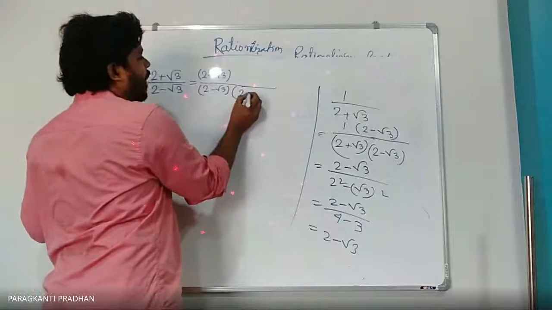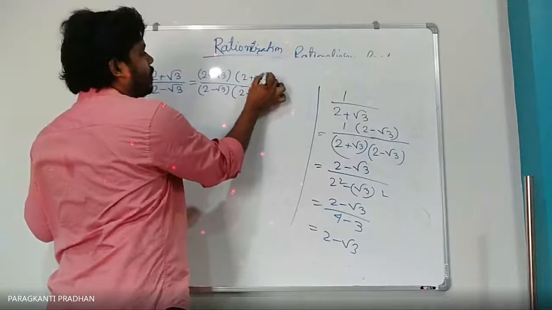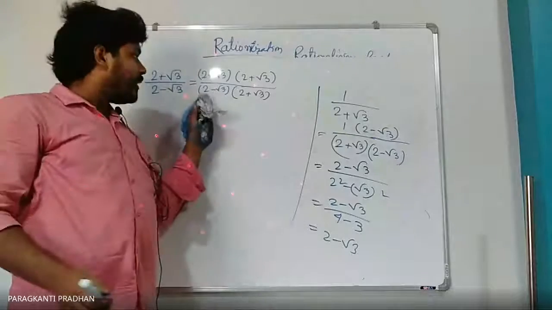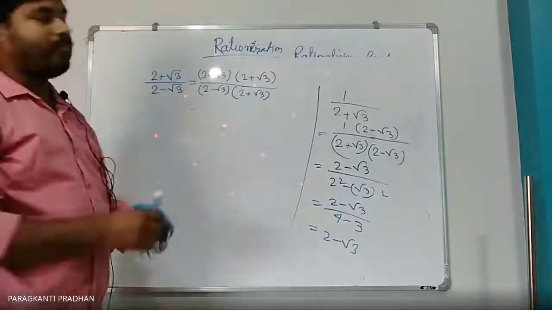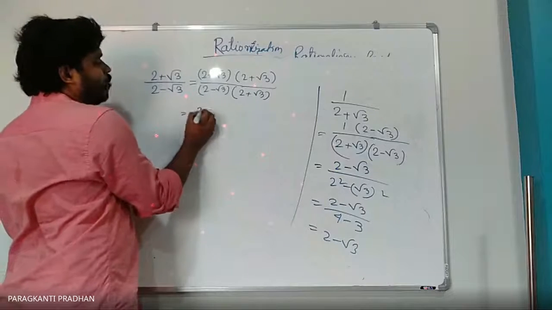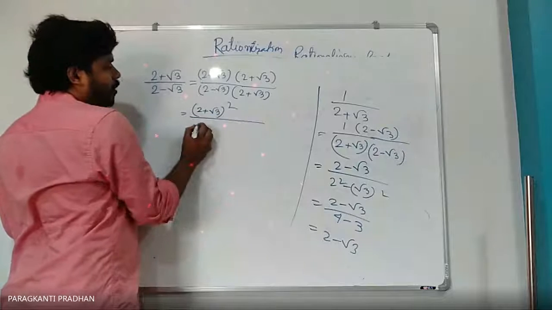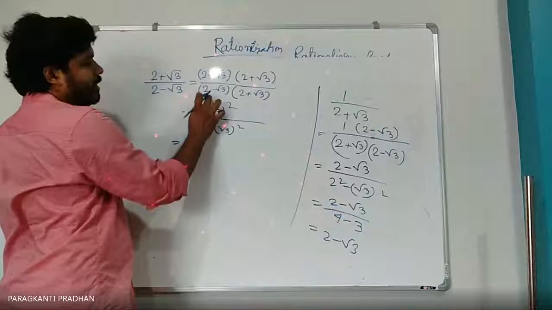Here 2 plus root 3 should be multiplied, to make it a square minus b square form. Now this will be 2 plus root 3 whole square by 2 square minus root 3 square, a square minus b square.